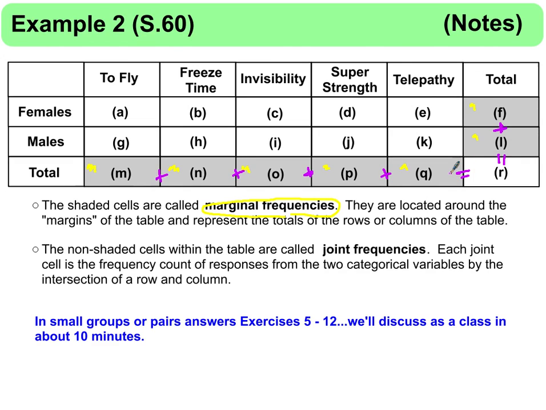The non-shaded cells within the table are called the joint frequencies. So everything else is considered the joint frequencies. That would be these pieces all along here. Each joint cell is the frequency count of the responses of the 2 categorical variables by the intersection of row versus column.